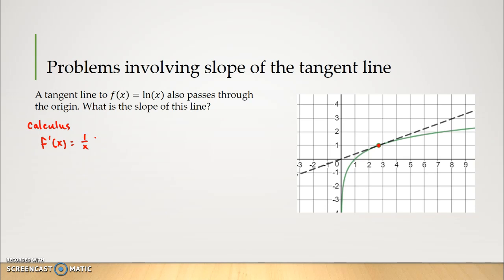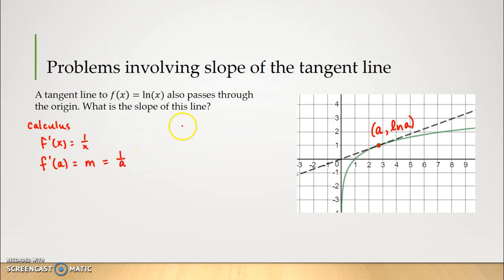Okay. At this point, which we don't know what it is, let's call it a, then the y-coordinate would be natural log of a, because this function in green is the natural log function. So at that a point, the slope is going to be the derivative, and that's going to be 1 over a.